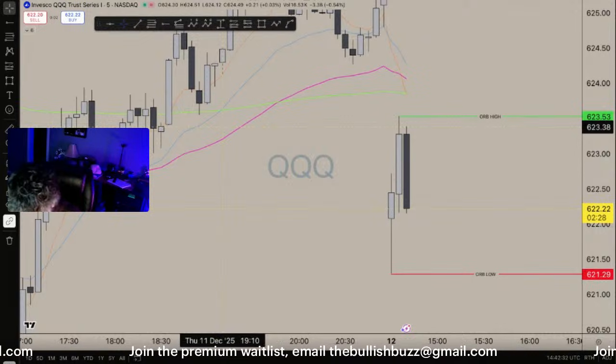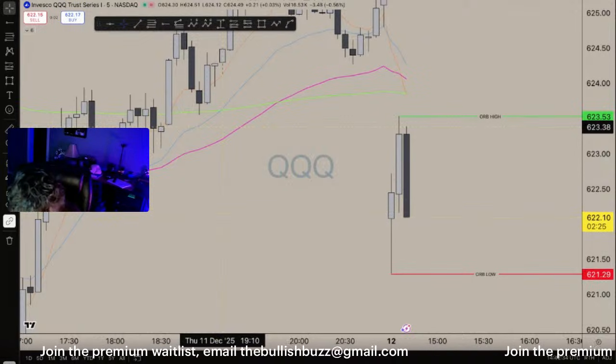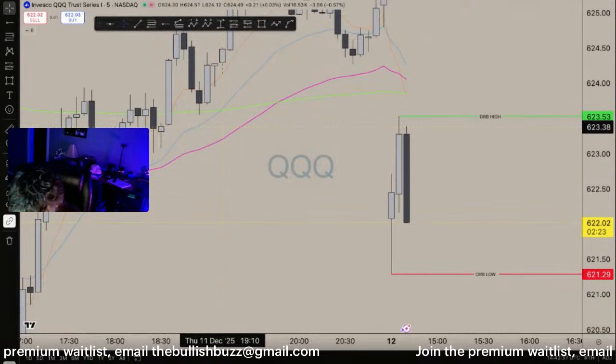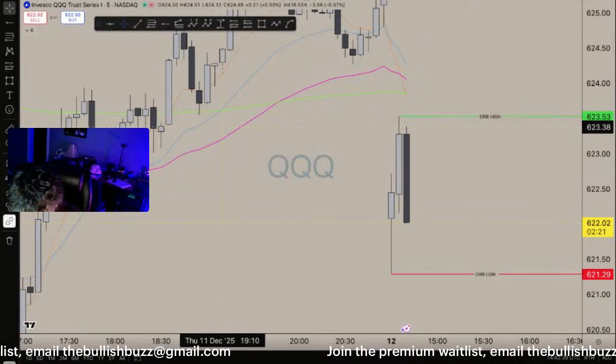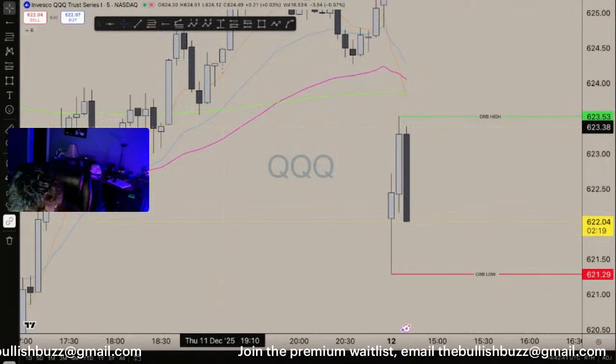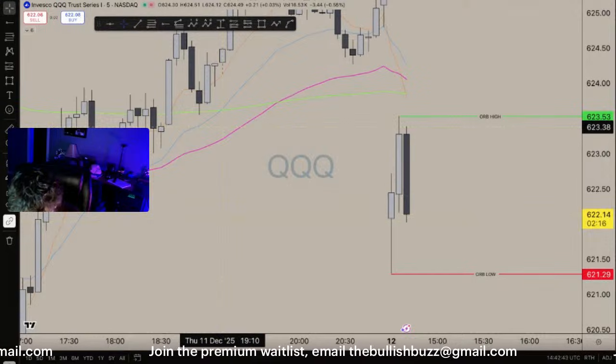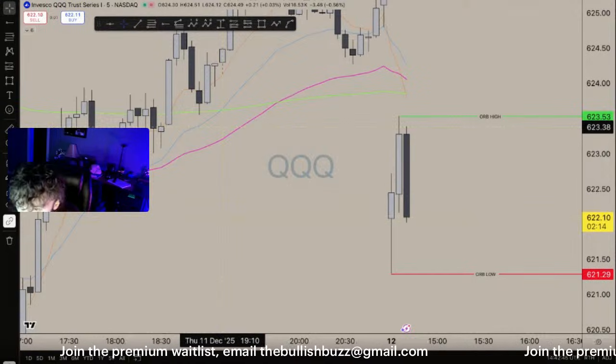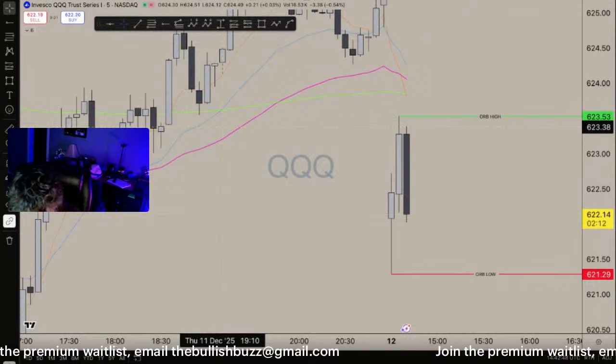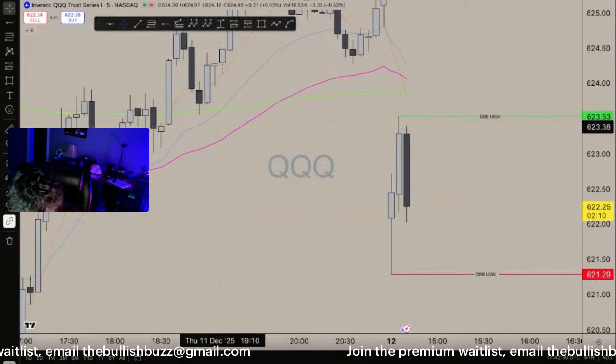Damn, almost retracing this whole ORB. Tesla's up good. Oscar's up pretty nice. EOS is down. Zeta's down.